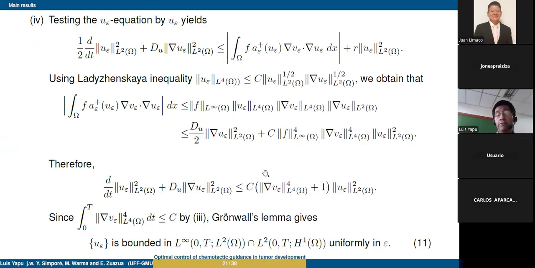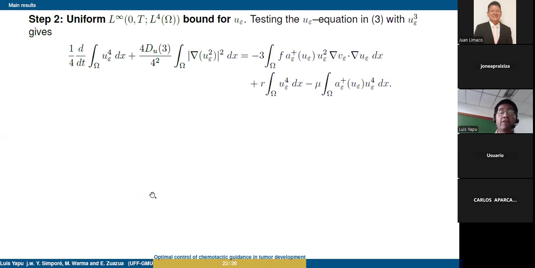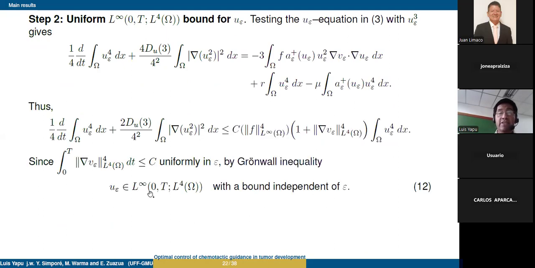And just before we saw that the integral in time of this quantity is bounded. So Gronwall's inequality also allows us to bound u epsilon. So this is the kind of estimates we did. I think this is the last estimate, and we arrive at showing that u epsilon is in L infinity L4.